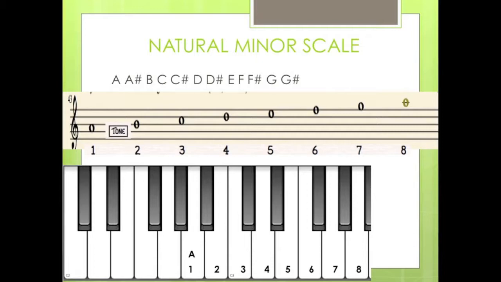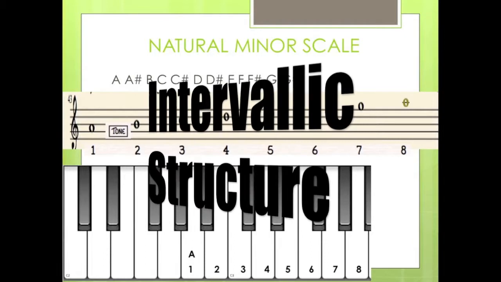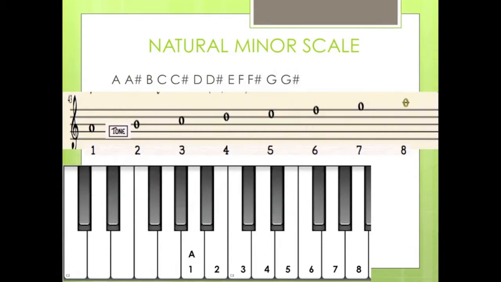Okay, so what we're going to do today, like we did for the major scale, is go through and find the intervallic structure of the natural minor scale. So you can see up here we've got from A to B, and that's a tone. A sharp, B, a tone. Let's go from B to C. We're expecting it to be a semitone.